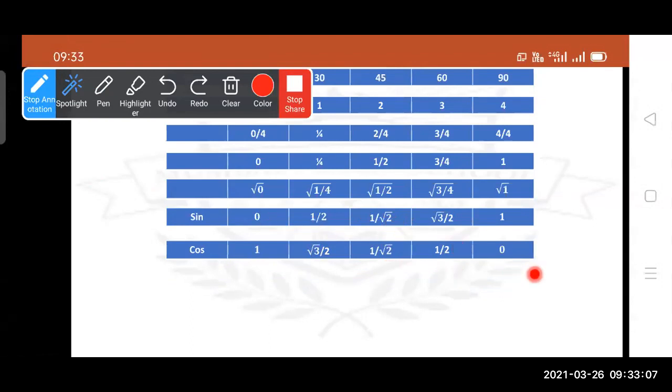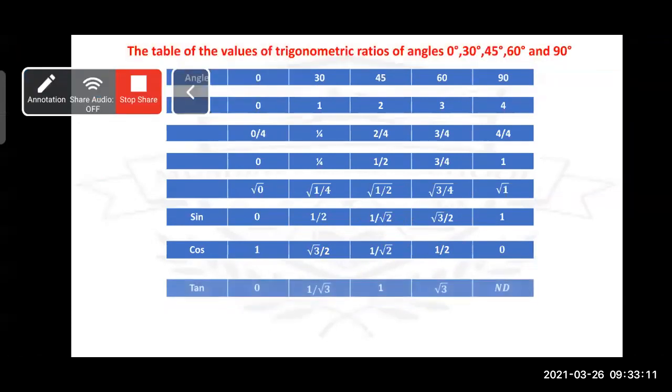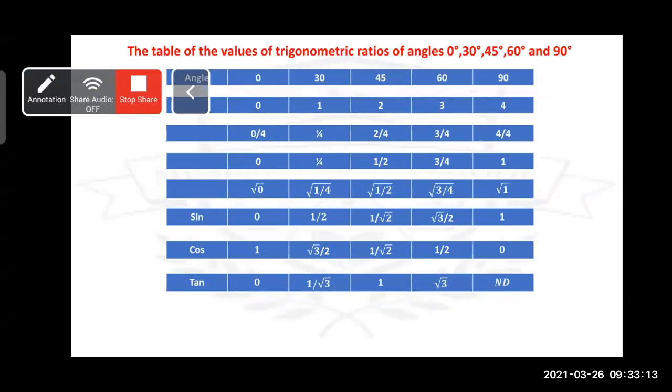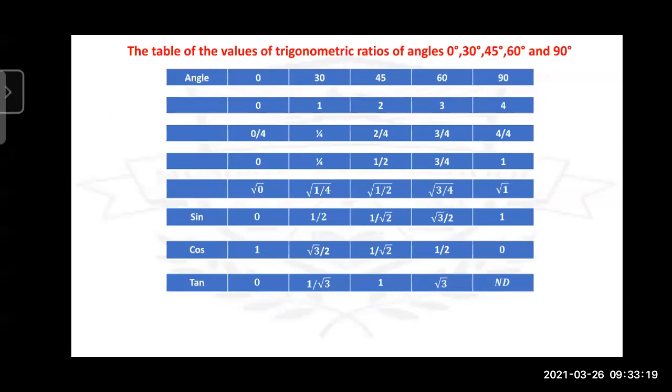Then from this we get the cos values, and then find tan. Tan is the ratio of sine to cos. So 0 by 1 is 0. 1 by 2 divided by root 3 by 2, the 2s get cancelled, so we get 1 by root 3. 1 by root 2 divided by 1 by root 2 is 1. Root 3 by 2 divided by 1 by 2, the 2s get cancelled, root 3. And the last is not defined, that is infinity.